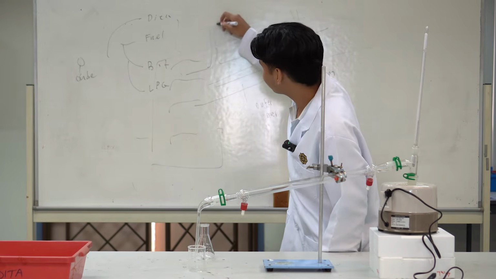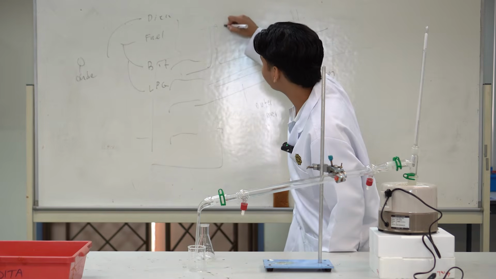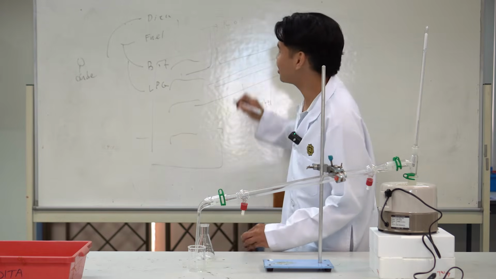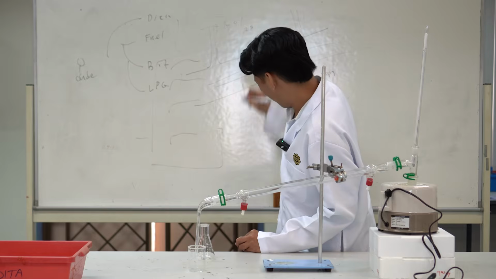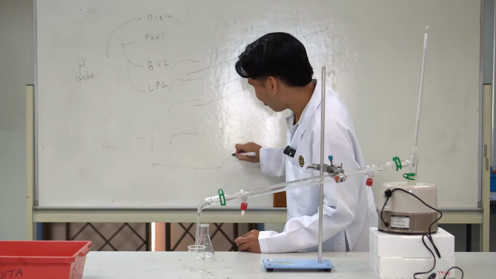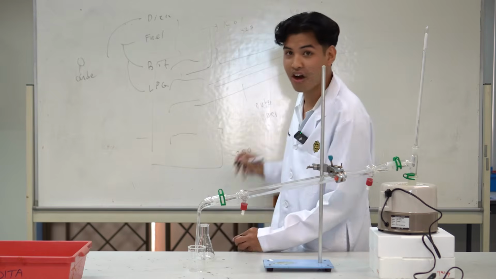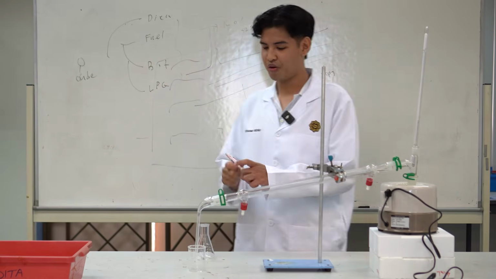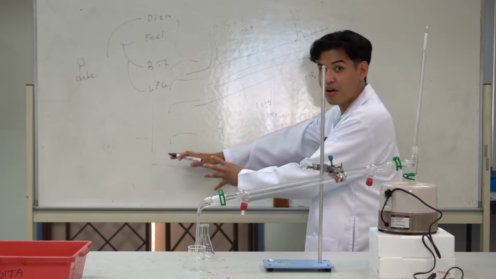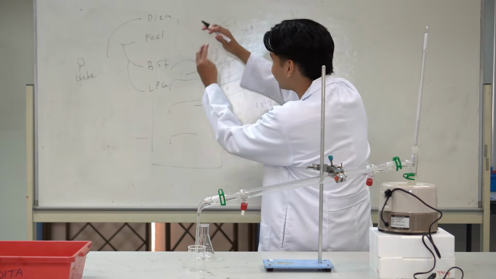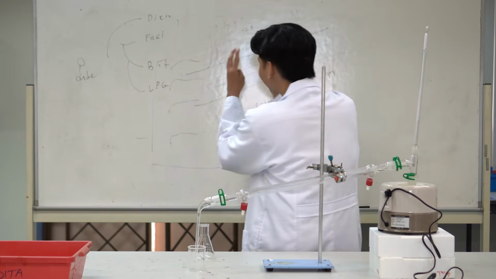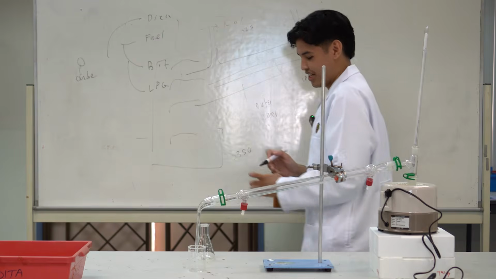The top one has a cooler temperature than the bottom one, which is 25 and less than 25, and the bottom one has more than 365 temperature. After it vaporizes and contacts the cooler region, it will condense and become liquid. So we will collect the product here.